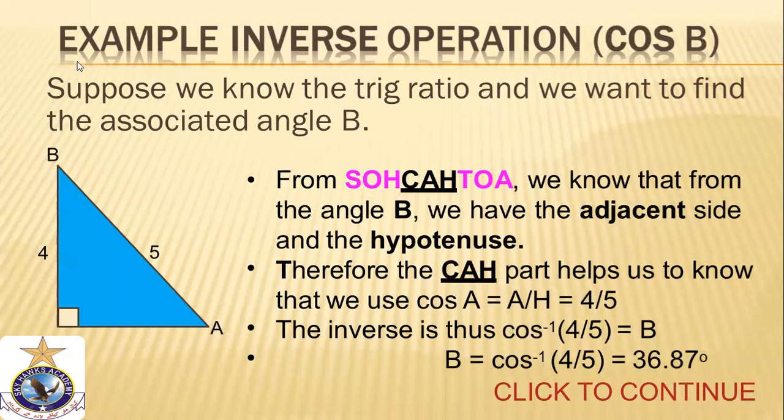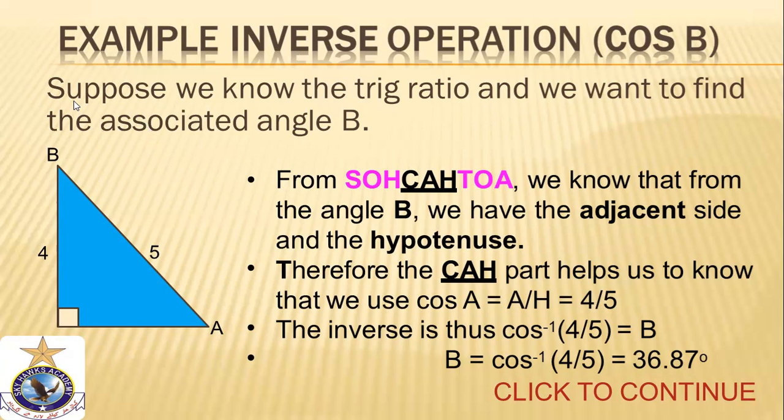Let's see an example of inverse cosine. Suppose we know the trig ratio and we want to find the associated angle B. From SOHCAHTOA, we know that from the angle B we have the adjacent side and the hypotenuse. Therefore, the CAH part helps us know that we use cosine B equals adjacent over hypotenuse, which is 4 over 5.